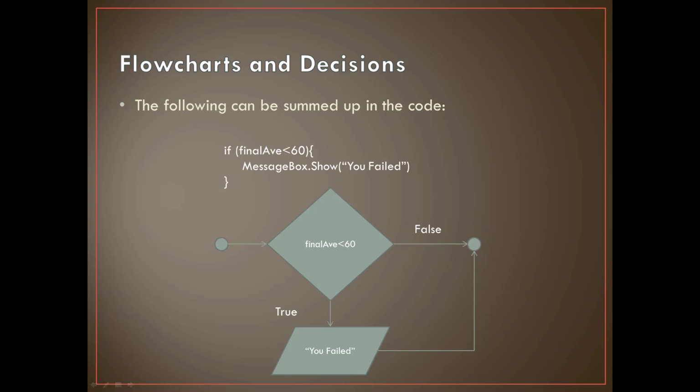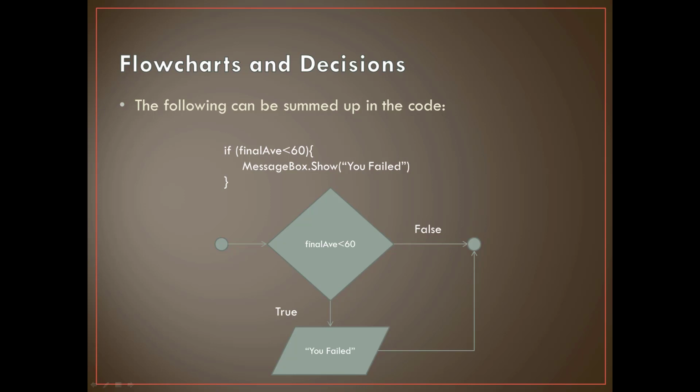So, not to be too maudlin here, but let's base this on whether or not you get above 60 or not. So, if you look at our flowchart, and we've actually done this with a decision before, you can see we have final av is less than 60. So we have some value, and in this case really a variable, that's going to either be above a 60 or below a 60.